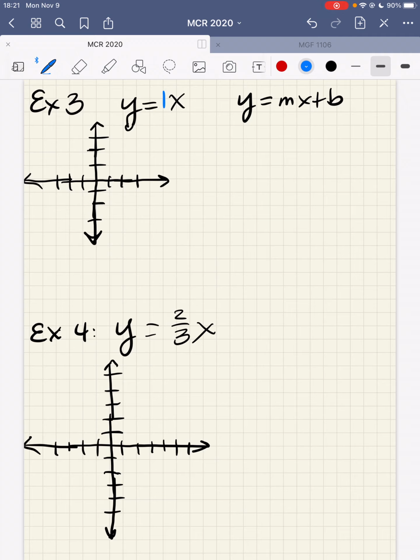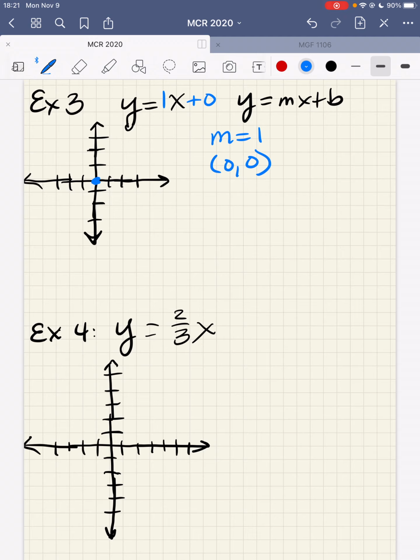And the b is still there, but it's a 0, because if I add 0 to anything, it doesn't change anything. So here my m is equal to positive 1. My b is going to be my origin, because my b was 0. So I'm going to start off at 0, 0, my origin.